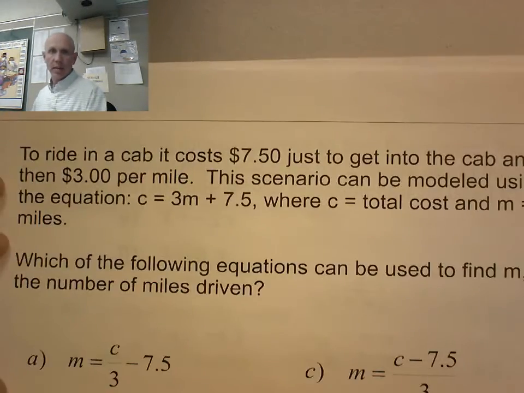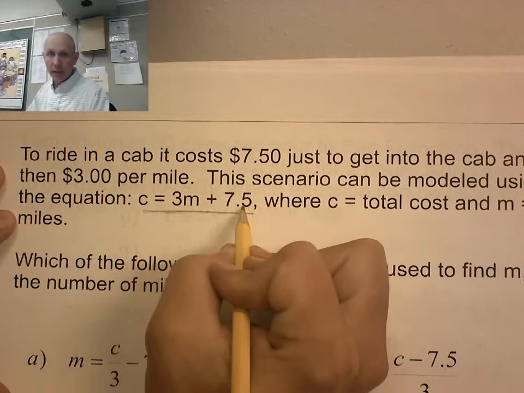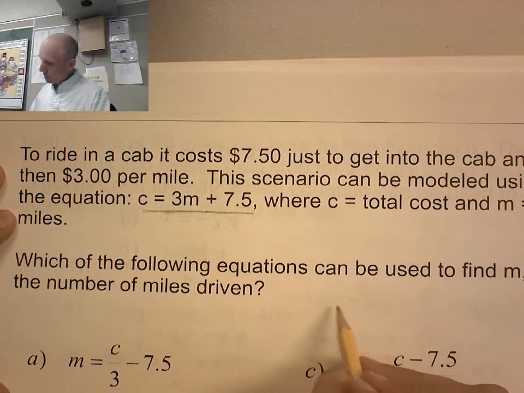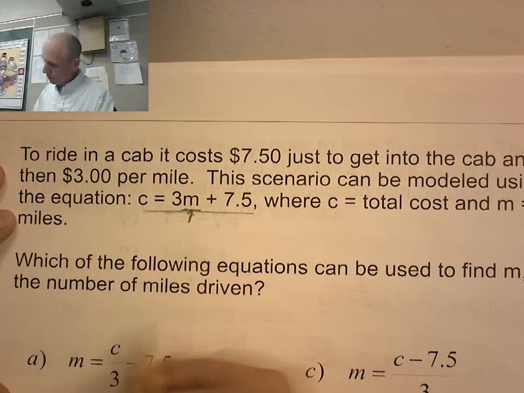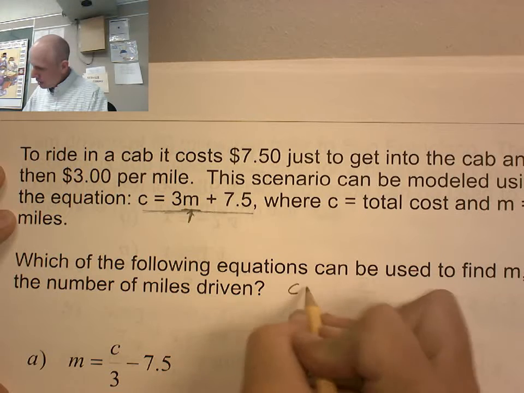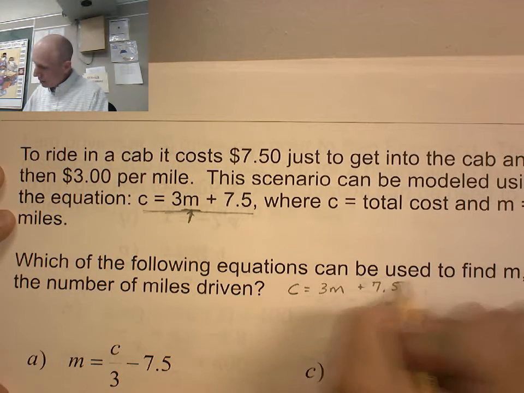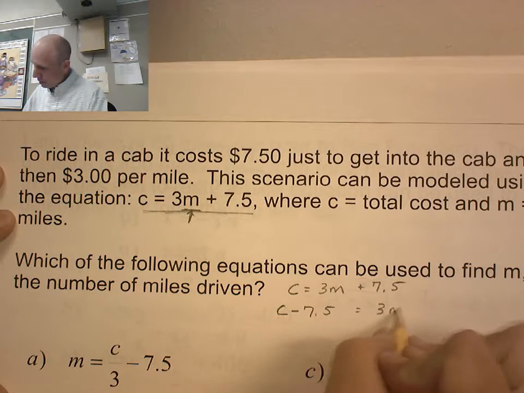6, to ride in a cab, it costs $7.50 just to get in the cab, then $3 a mile. So here's the equation, $7.50 to get in the cab, $3 a mile. Which of the equations can be used? Basically, it's saying solve it for m. So I have C equals 3m plus 7.5. So C minus 7.5 equals 3m.